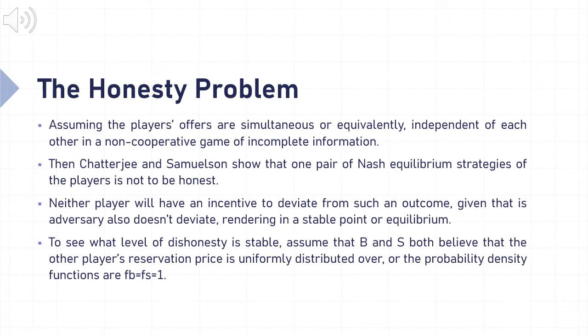This means that the buyer thinks the reservation price of the seller, and the seller thinks the reservation price of the buyer, is equally likely to fall anywhere in the interval between 0 and 1. Every number in this interval is equilibrium. In addition, assume that each player knows what the other player thinks. Each knows that the other player knows.